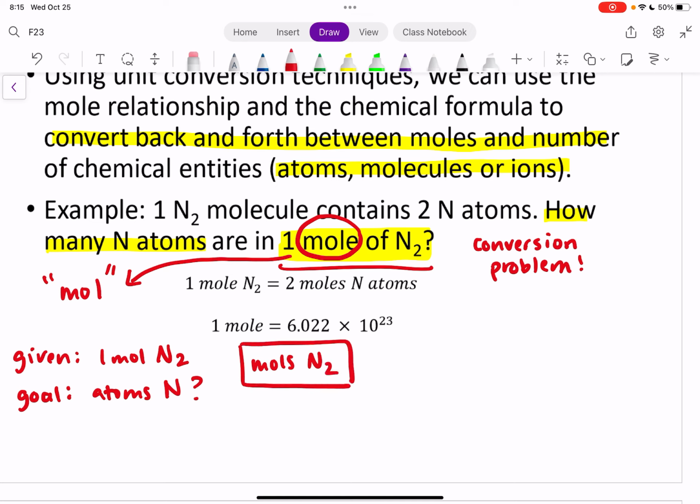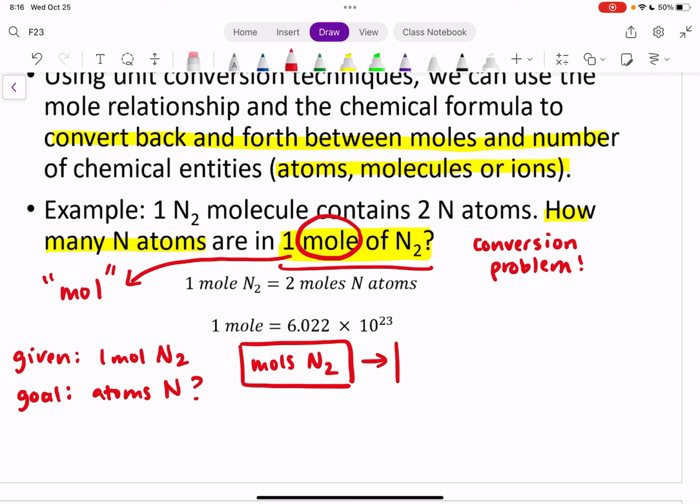And if I just wanted to get to atoms of N2, I could use immediately Avogadro's number to get to atoms of N2. But do I want atoms of N2? No, N2 is a molecule, right? I want atoms of nitrogen, atoms, not molecules. So I have another step first.